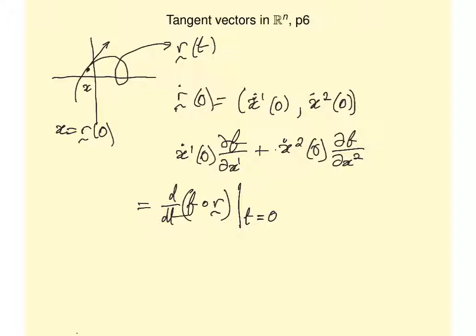So this is showing that tangent vectors defined in terms of these partial derivatives are precisely the same as bound vectors and are precisely the same as differentiating along a curve in the plane. And all that's basically happening here is that if I differentiate a function f defined in a neighbourhood of x, then whether I go along the tangent vector or whether I go along the curve r, the derivative will be the same.